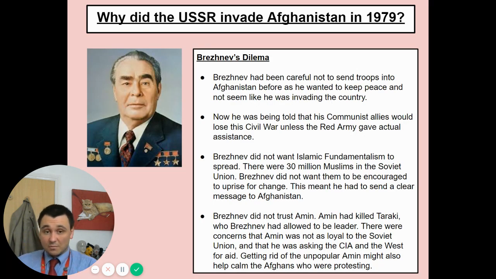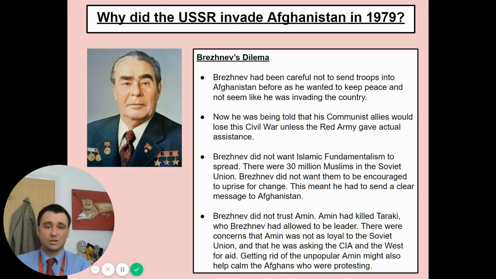So, let's look at these next 2 points then. Just to recap, Brezhnev doesn't want Islamic fundamentalism to spread. With 30 million Muslims in the Soviet Union, Brezhnev doesn't want them to be encouraged by the actions in Iran and now Afghanistan to uprise for change. He had to send a clear message to Afghanistan. But also, Brezhnev doesn't trust Armin.